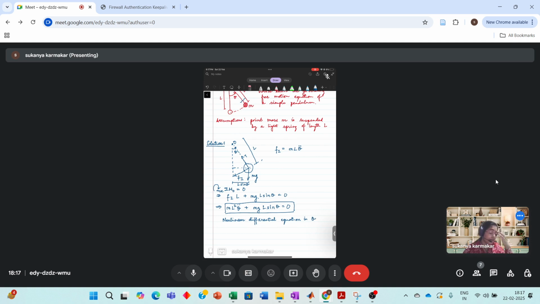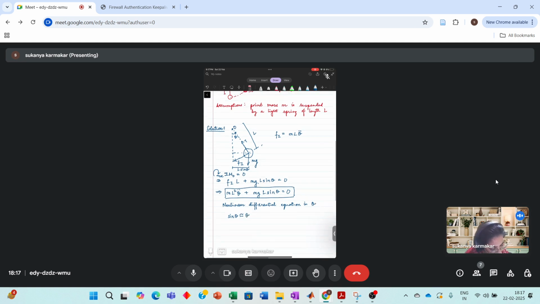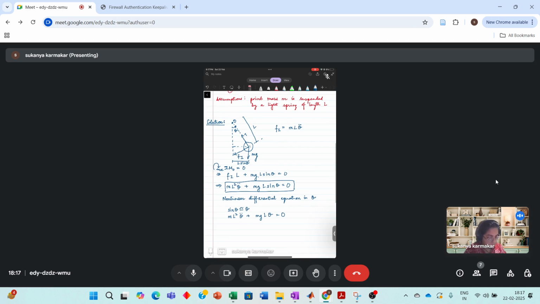Here, if we assume that theta is extremely small, then we can write that sine theta is approximately equal to theta. So this equation can be made a linear equation, and we can solve this, right? So this is the equation of motion.